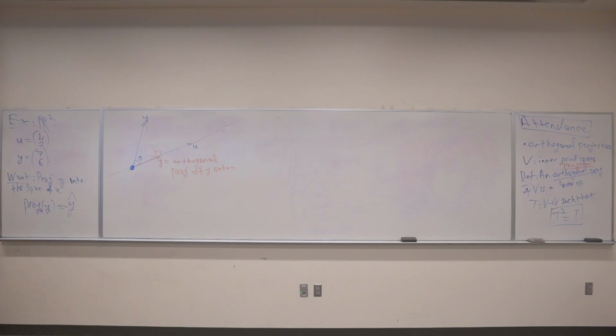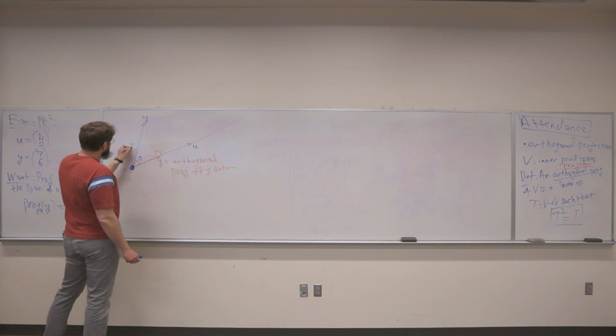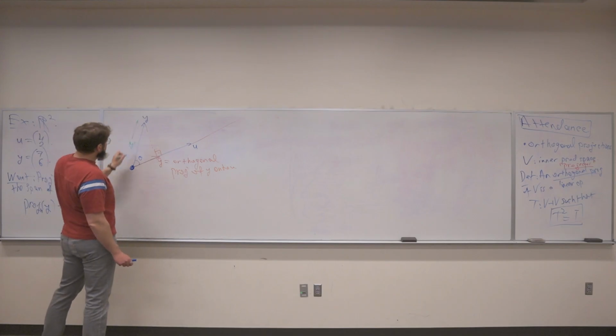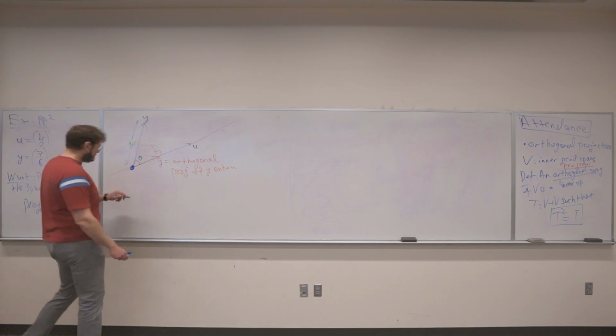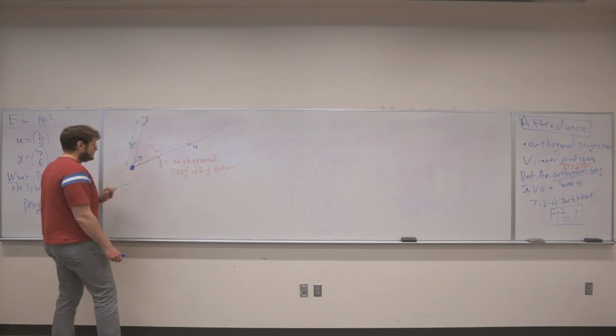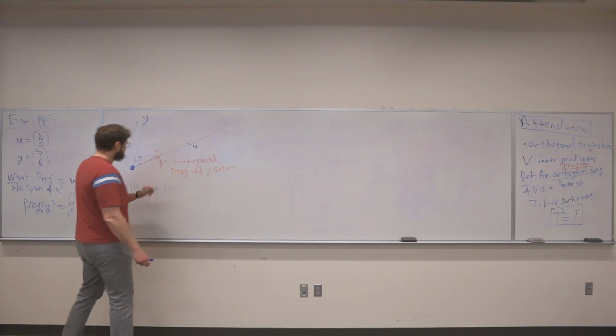Now, we need to do some sort of calculus or some sort of geometry. I know, for instance, that if I look at this right-angled triangle, the length of this side, the hypotenuse, is nothing but y norm. And since this is theta, I'll write that as well. So the angle between u and y is theta.